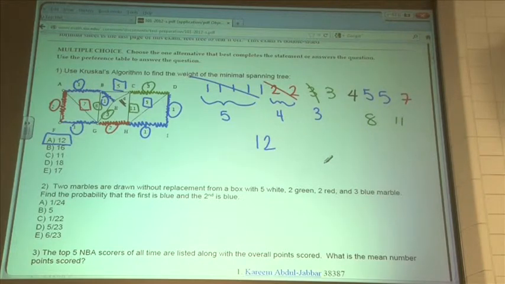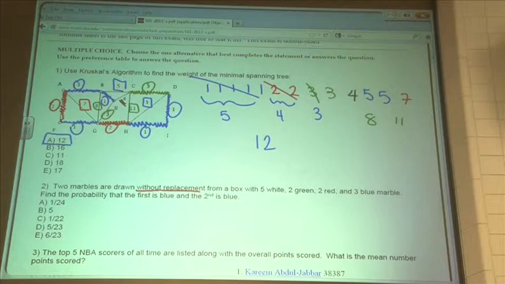All right, next up. 2 marbles are drawn without replacement. There's keywords there. From a box with 5 white, 2 green, 2 red, and 3 blue marbles. Find the probability that the first is blue and the second is blue. Now, key thing to remember, if you are drawing marbles out of a box or a jar without replacement, what happens to your sample space?